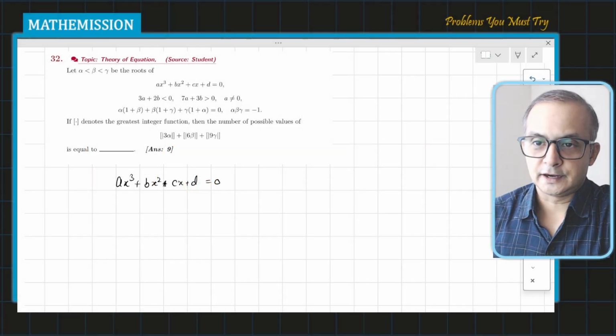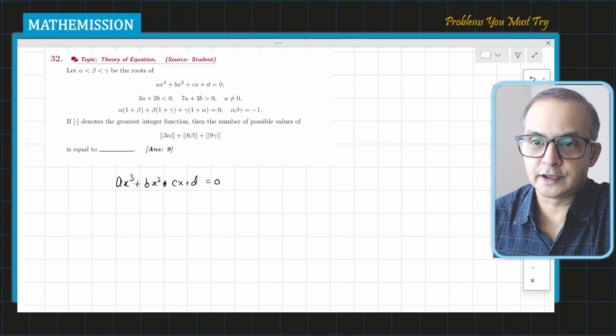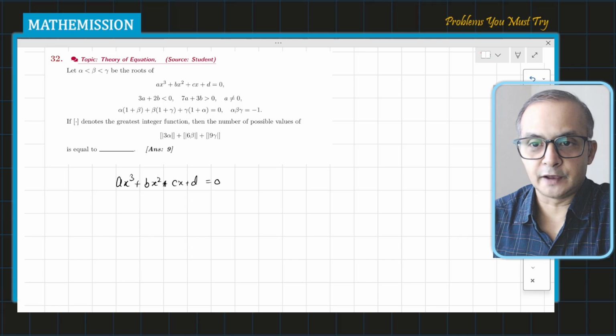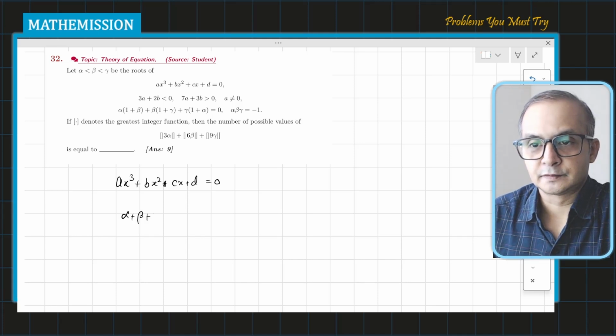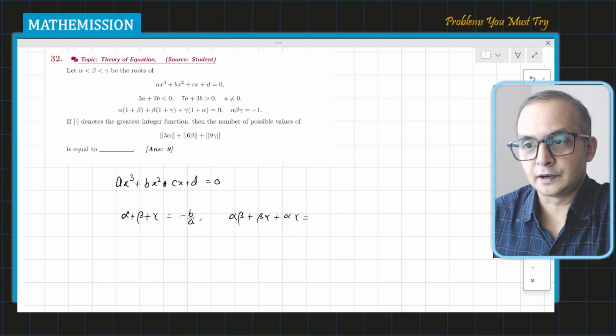So let's understand how we can solve it. First of all, you can notice that we can relate the roots with the coefficients by Vieta's theorem. So I can write here alpha plus beta plus gamma is equal to minus b by a. Alpha beta plus beta gamma plus alpha gamma is c by a, and it is provided that alpha beta gamma is -1.